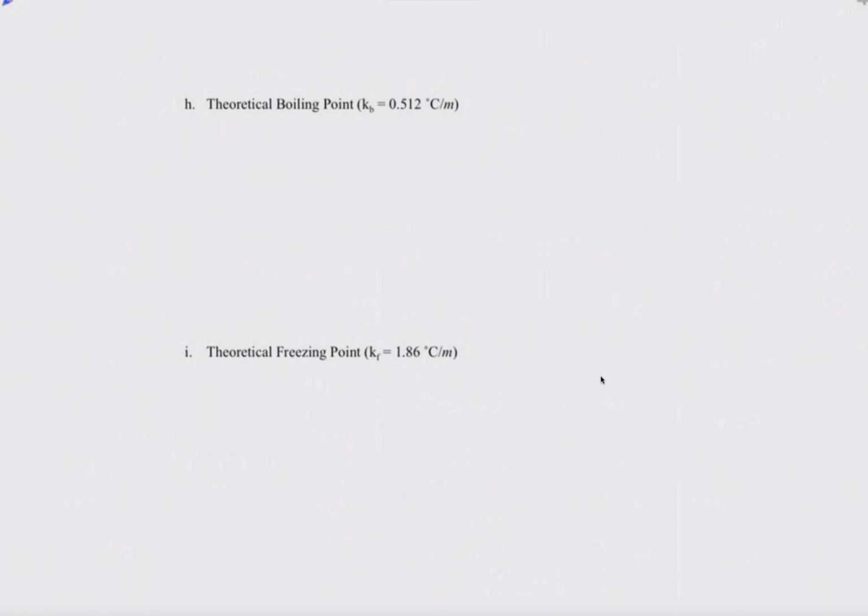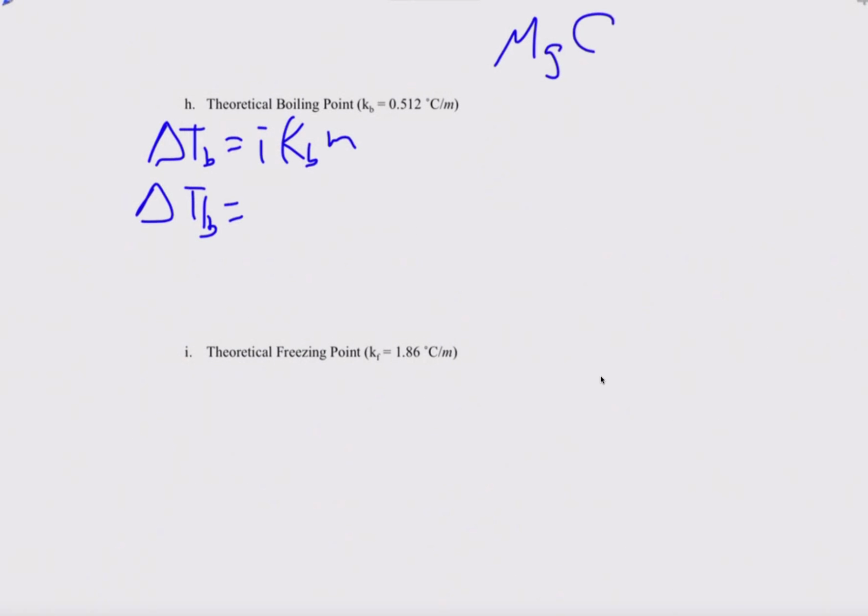Okay, what are the theoretical boiling and freezing points of this solution? So, again, we've got the delta TB, how much the boiling point is going to change, is i times Kb times molality. Well, we've got magnesium chloride. There's those chlorides. Okay, that's the clue. There's two chlorides, there's one magnesium, which means i has a value of 3. It's going to break into 3 different pieces, 1 magnesium and 2 chlorides. Kb is given to you right here, 0.512.